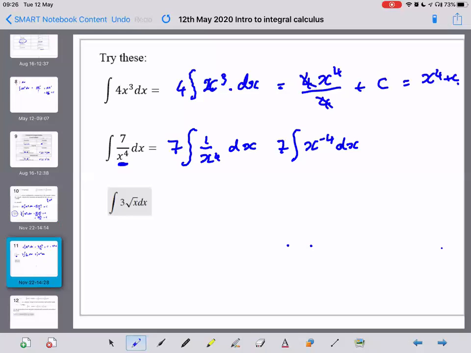Now we can integrate and say the answer is 7 x, 1 on the index, so minus 3, divide by the new index, plus c. And the tidiest way to write that is minus 7 over 3x cubed. So bring the x back down, plus c.